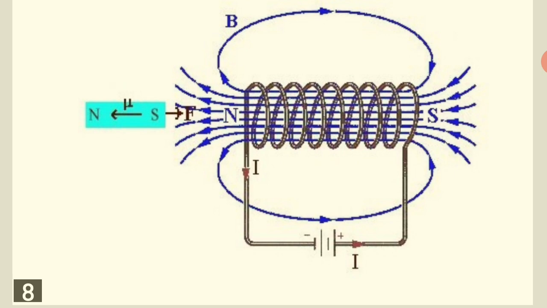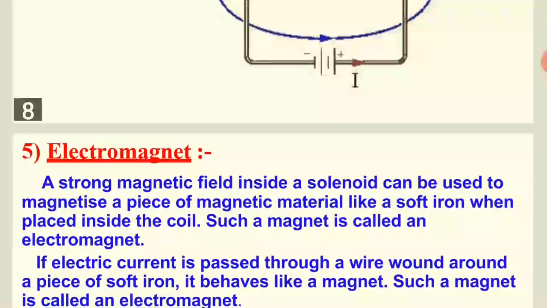The magnetic field lines emerge out from the north pole and merge into the south pole, same as that of the bar magnet. So we can observe that in and around the solenoid, a strong magnetic field is produced.